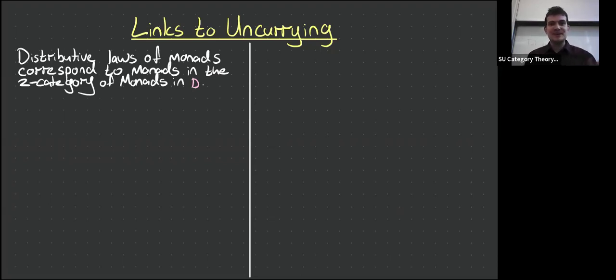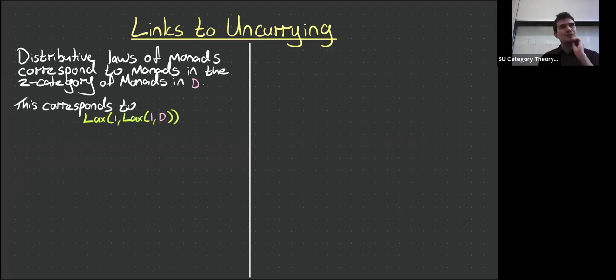So the final thing that I'm going to end with is these links to uncurrying. Yeah, distributive laws of monads correspond to monads in the 2-category of monads in D. So that's a result. So what we're saying here is that distributive laws are actually just lax1, lax1D.